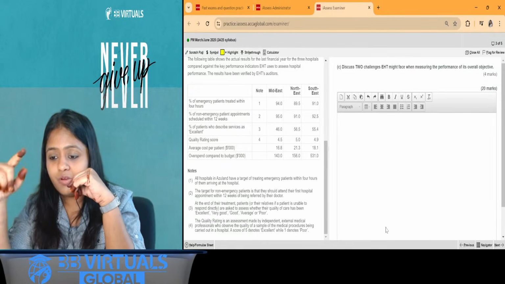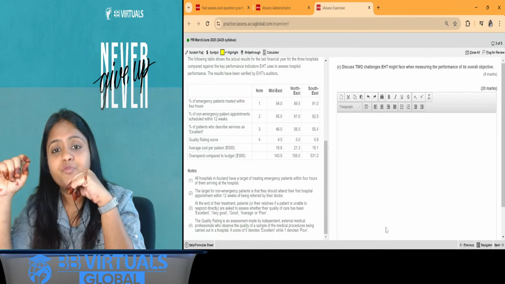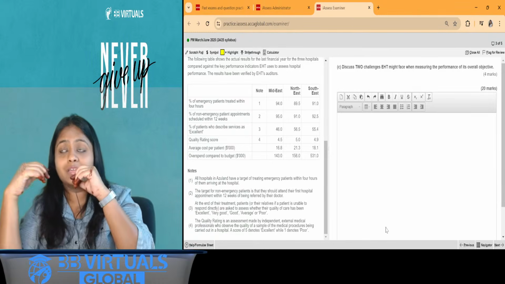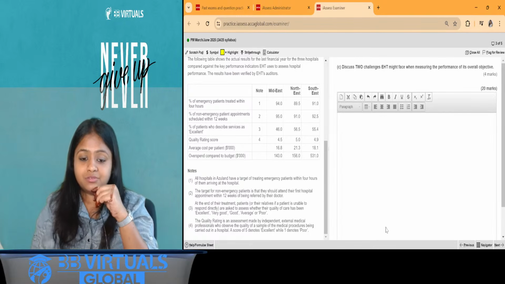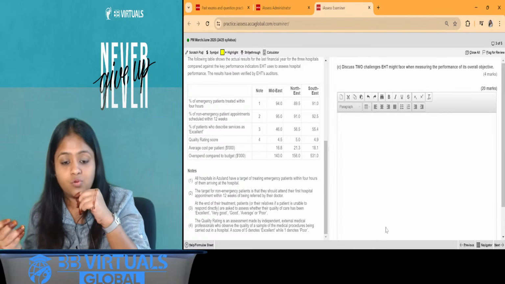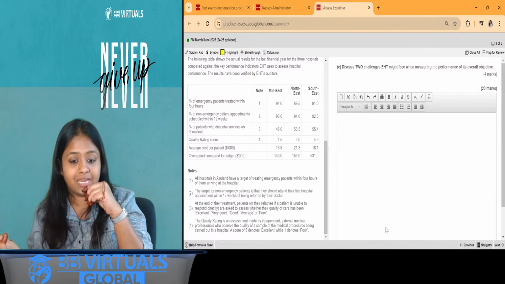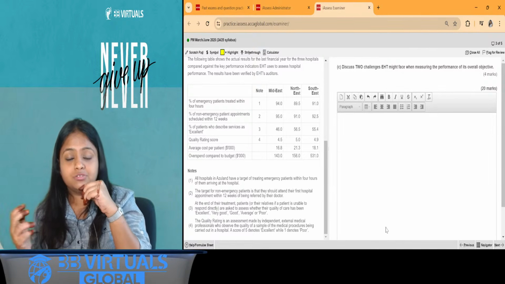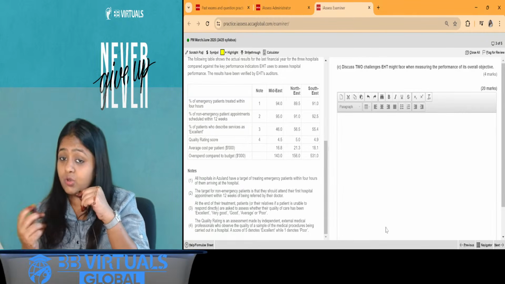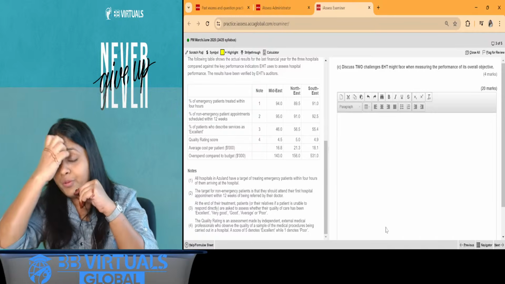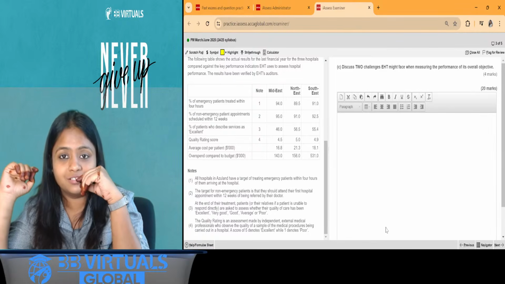Second, like one of you suggested, I think Vedika, the information which is provided for calculating any data. Even what we calculate, the percentage of emergency patients, whether you do a quality rating score. The quality rating score is also very subjective. The average cost per patient and the percentage of patients who described it as excellent are also very subjective. So information gathering is also a big challenge, right?